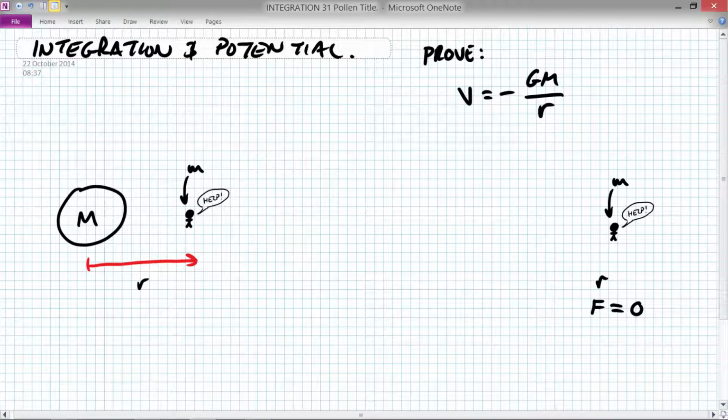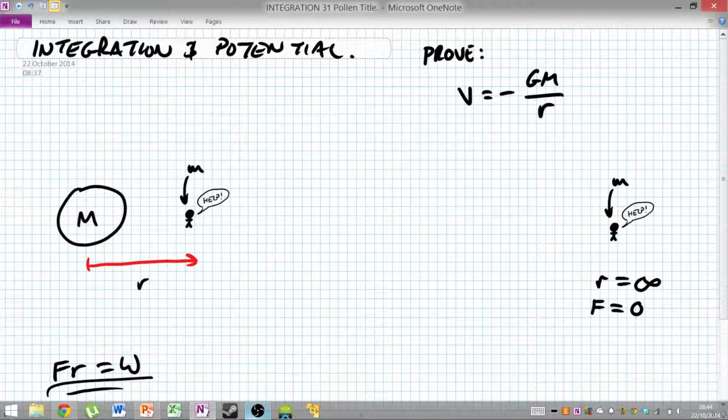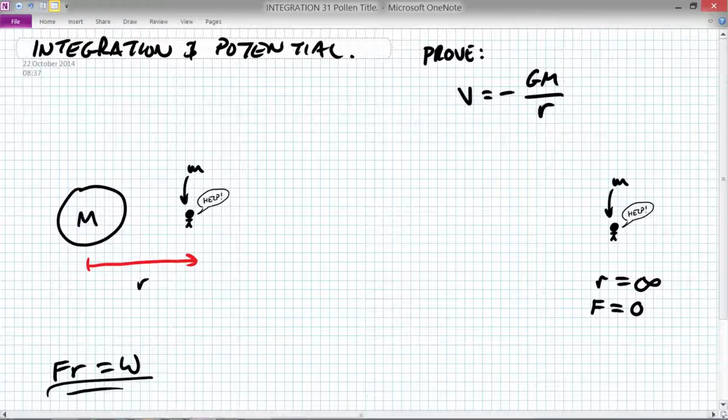So because gravity is acting on him, we know, and this is kind of the argument I made last time, that force times the distance he's moved through is equal to some work done. Okay, but as he moves, the force is going to be changing on him, and because the force is changing, we can't just do this simple multiplication, because at every point it's a different force, so we can't just do that.